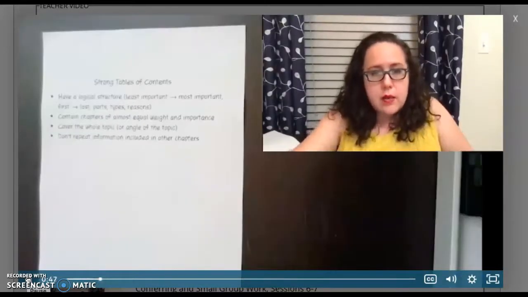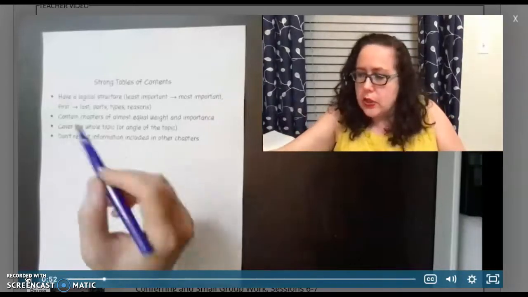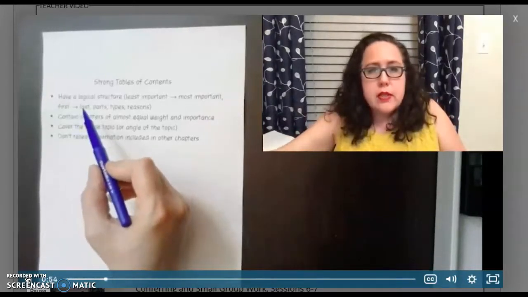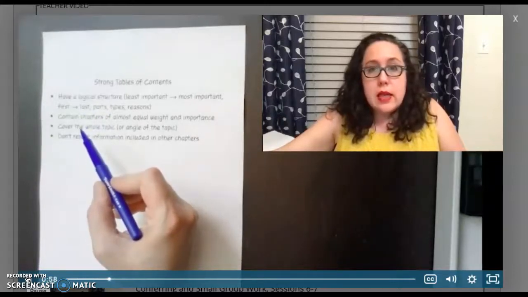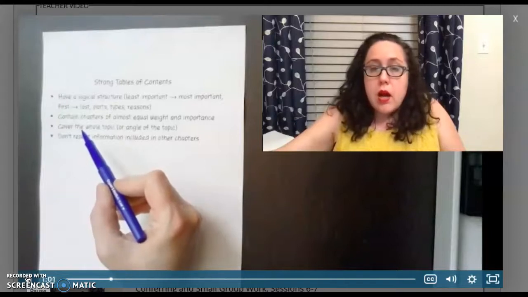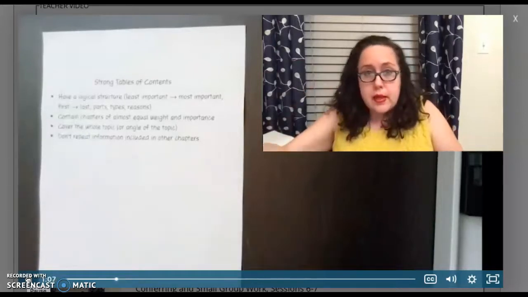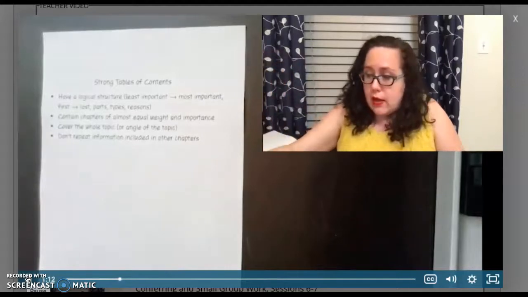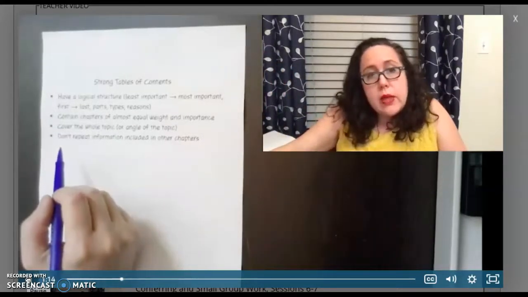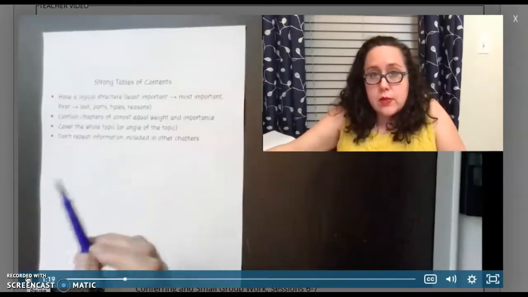So here's the chart on strong tables of contents. And we know that strong tables of contents have a logical structure. We also know that they contain chapters, each of them of equal or very close to equal weight and importance. We also know that the whole topic is covered, or at least it feels like the whole topic is covered. And finally, we make sure that we don't repeat information that is included in other chapters.